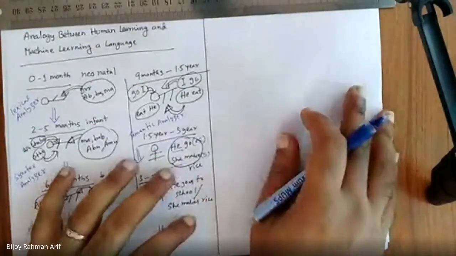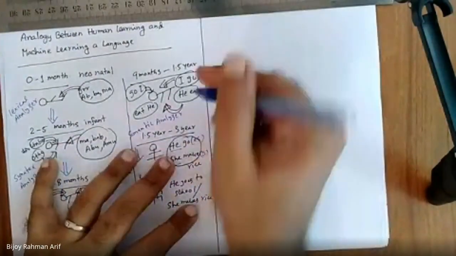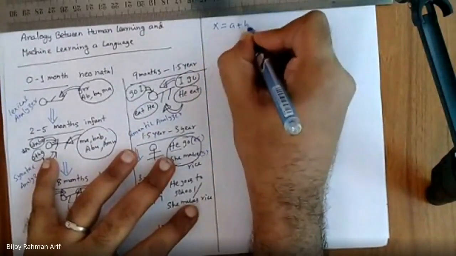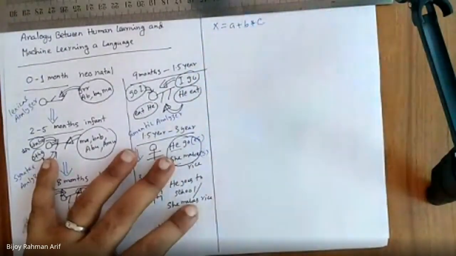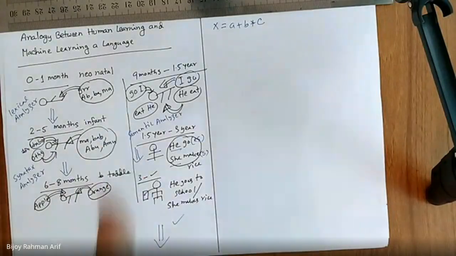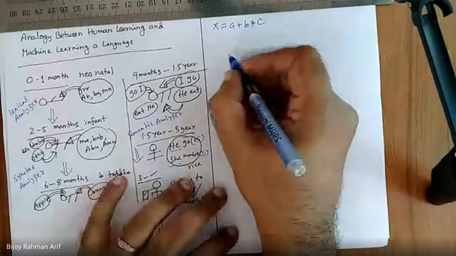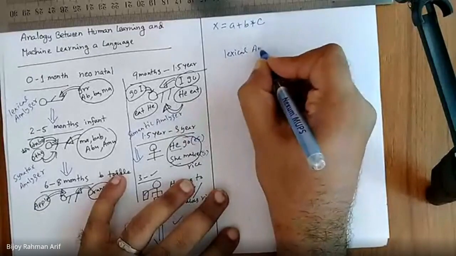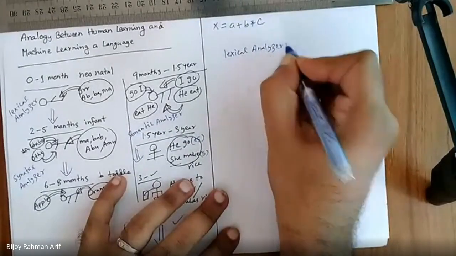So let's take a very simple example. Let's take x equal to a plus b star c. Let's assume some part of our language has this statement. What will the machine start with in the lexical analyzer phase?